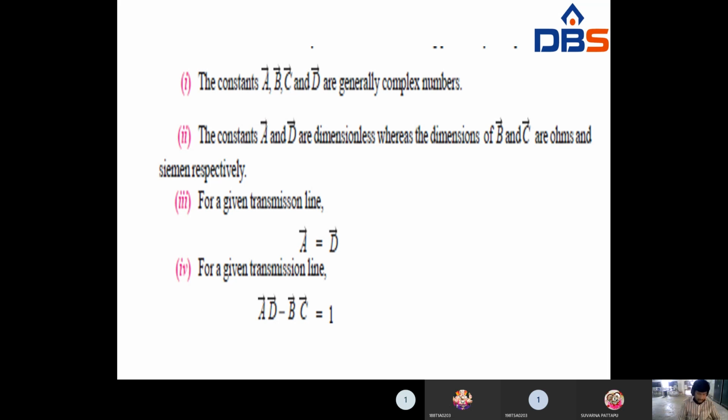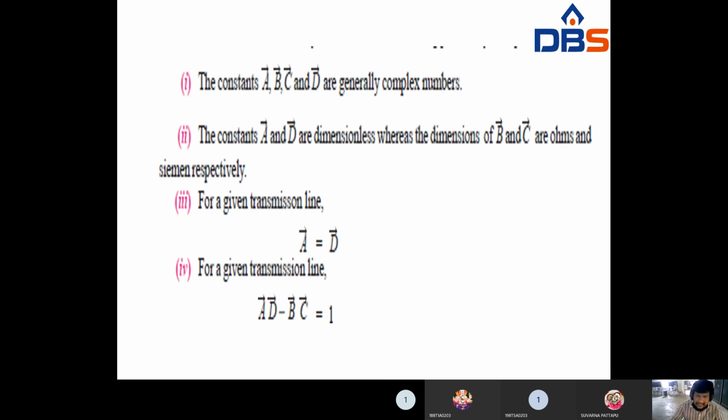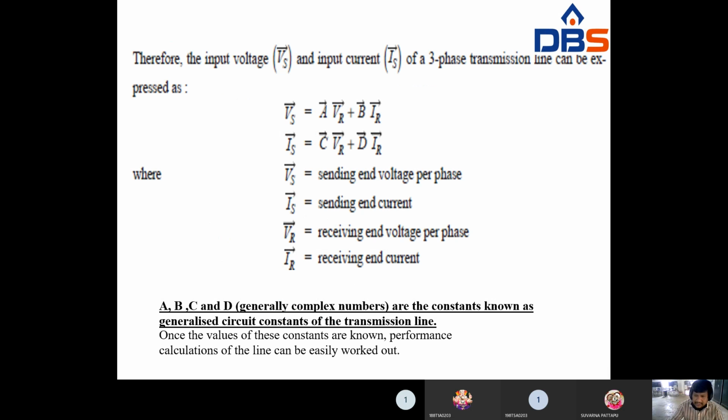So first, the determination of ABCD constants, or determination of generalized constants, for short transmission lines. First we know the generalized equations, already stated like this.